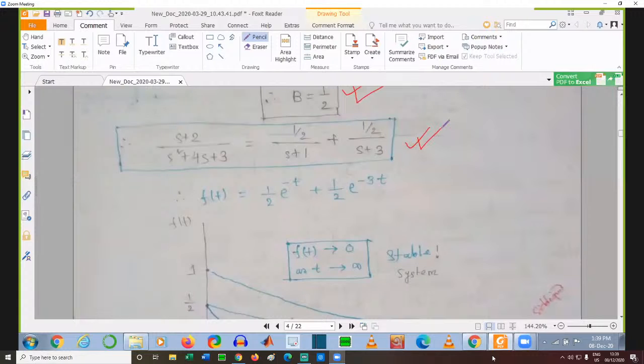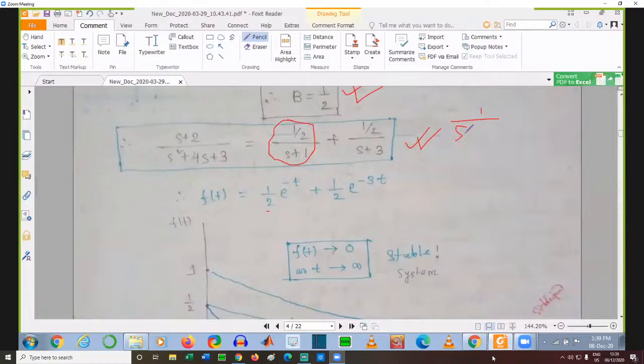What we would like to do is convert this frequency domain form to the time domain form. For the first term, half by s plus 1, you can write half and 1 by s plus 1. What can you write for that? E to the power minus t.